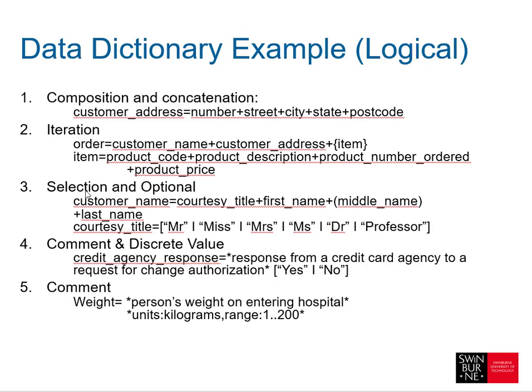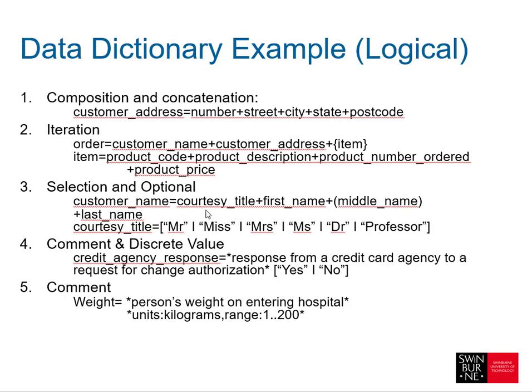Example number 3 is an example of a selection and the optional. Customer name consists of courtesy title, first name plus the optional middle name inside the brackets, and the last name, right?